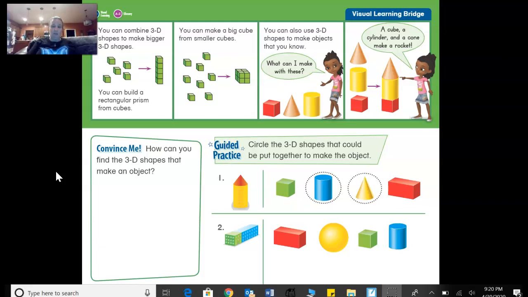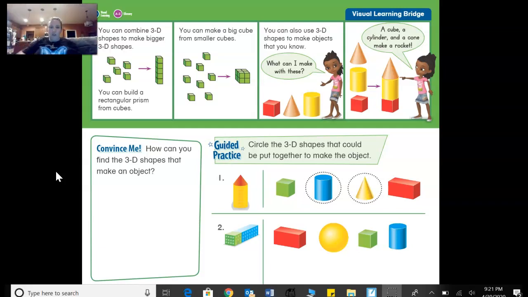So remember, we've talked about our sphere, our cone, I'm going to hold it so you can see it, our cylinder, our cube, our rectangular cylinder, and one thing we hadn't talked about is our half sphere. Okay, so this is a whole sphere. This is half a sphere.